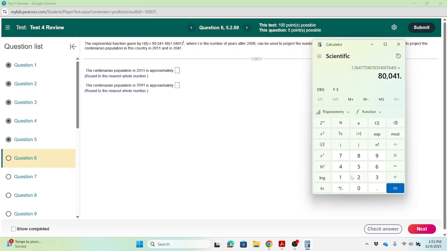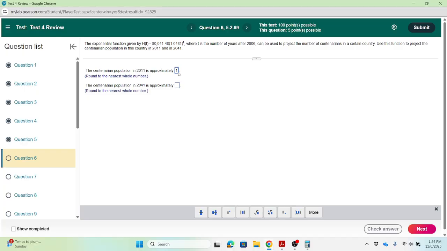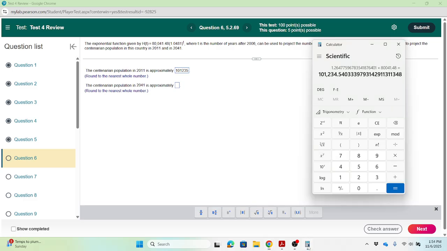If you multiply it and round to the nearest whole number, it would be 101,235. That's the nearest whole number. In 2041, it is from 2006 to 2041.